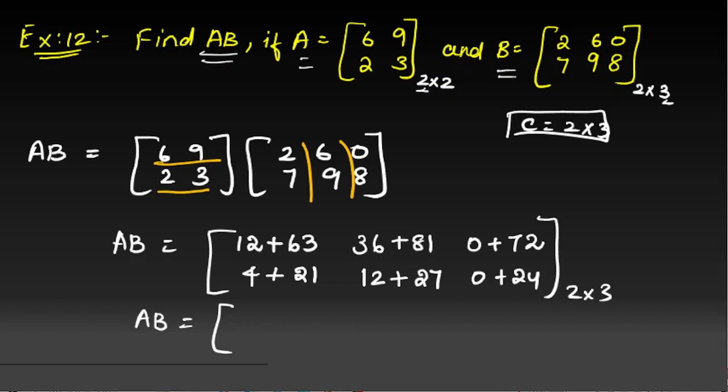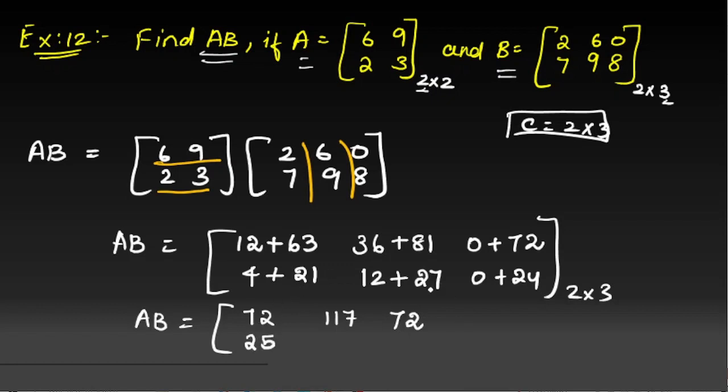So what is the answer you get? Here when you add 63 plus 12, you get 72. Here you get 117, that is 81 plus 36, and again 72. So first row is over. Then next 21 plus 4 you will get 25.